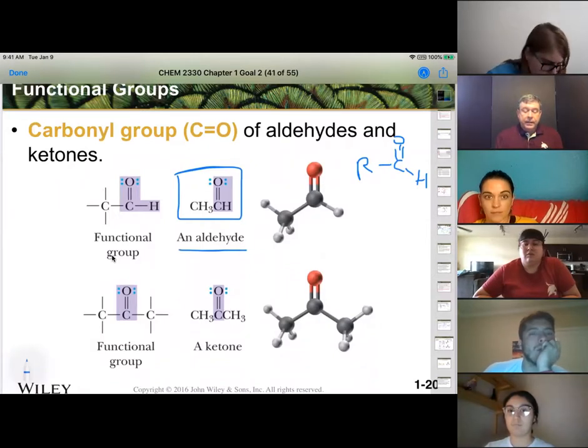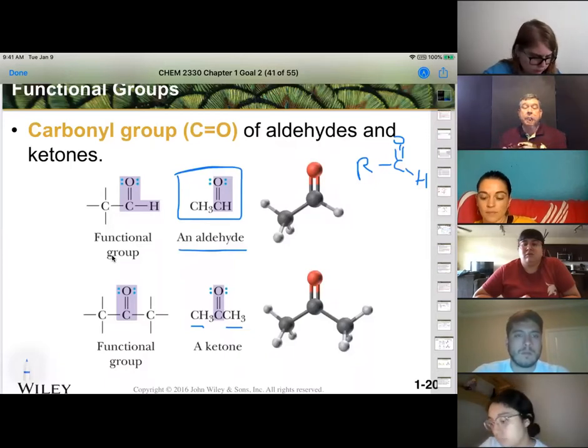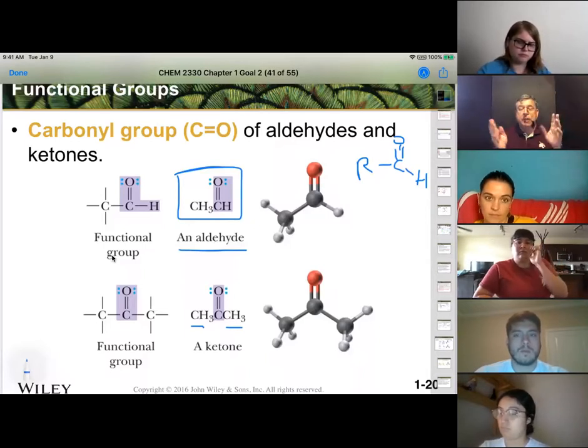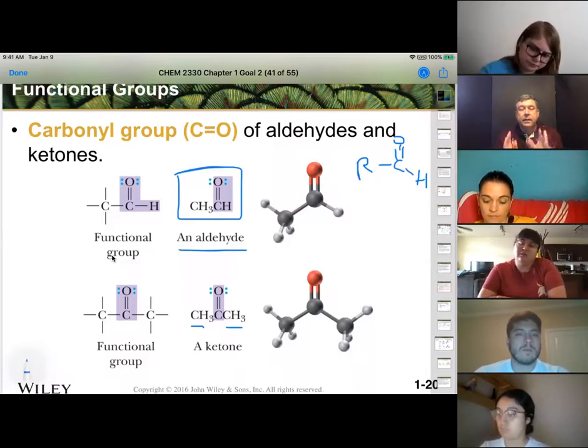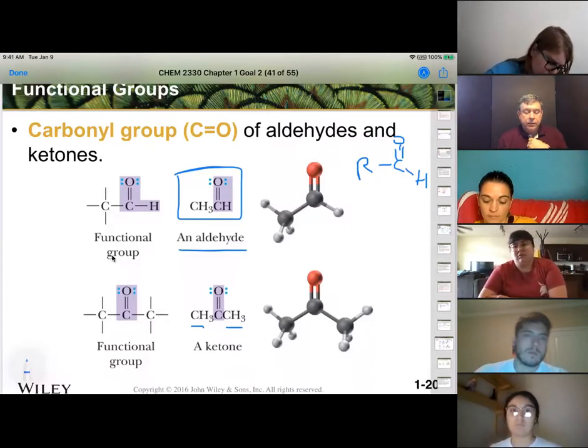The next thing is if we have 2 R groups bonded to a carbonyl, that is what we call a ketone. Ketones are actually used a lot as fragrances and odors that we'll find in perfumes and body washes, because they have a nice sweet flavor to them. So the general structure of an aldehyde has a carbon and a hydrogen, or 2 hydrogens, while a ketone has 2 carbons bonded to that carbon.